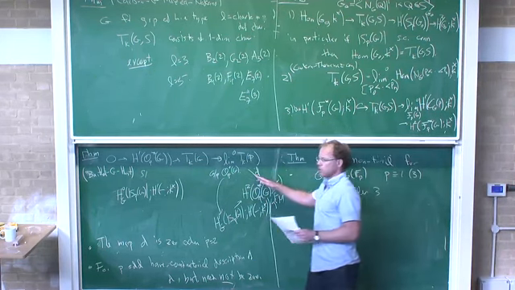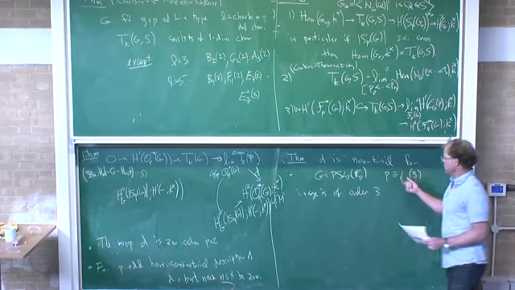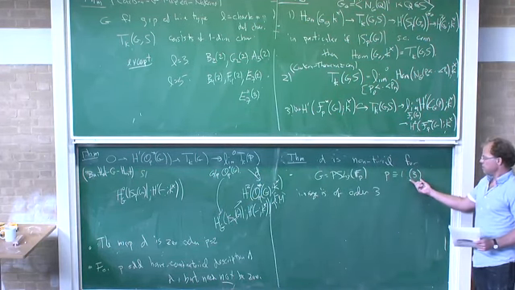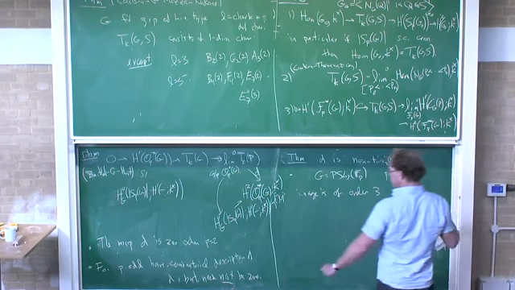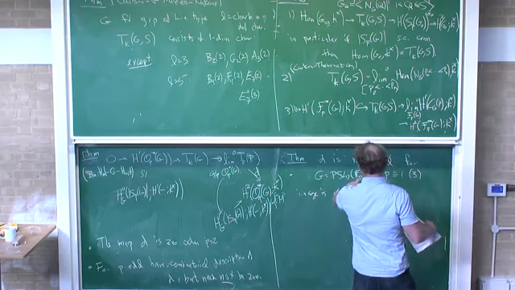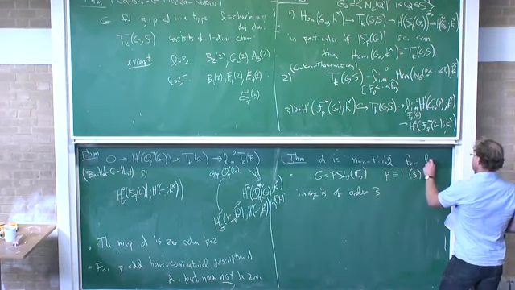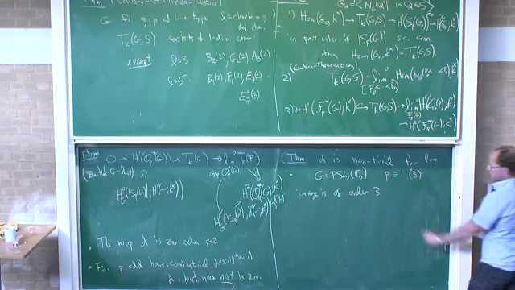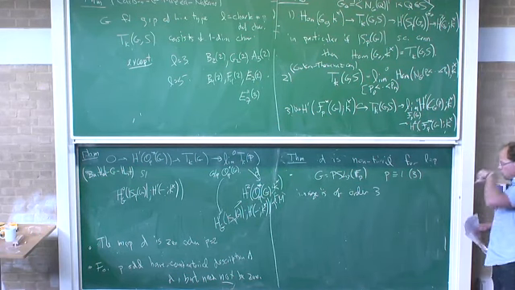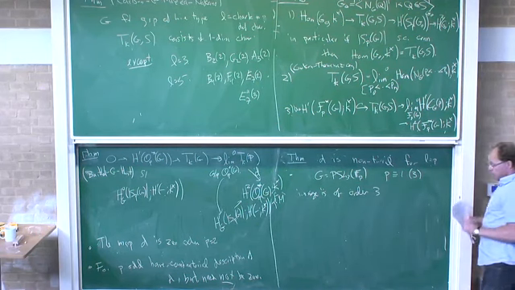So this has order 3 for this. For what, yeah? Sorry, at the characteristic, so L is equal to 2. Yeah, thanks. For this p here, the image has order 3.